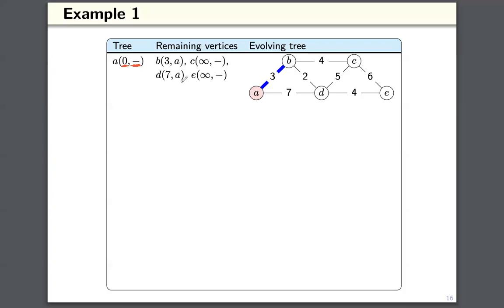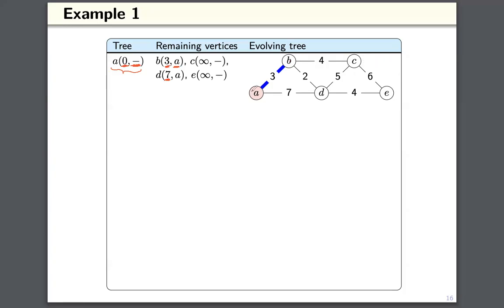But now, once we added this vertex A into the tree, what happens? B is connected to the tree with a distance of 3, and B is connected to A. You can consider A as the parent of B, because A is connected to B. Then D is connected to A at a distance of 7.